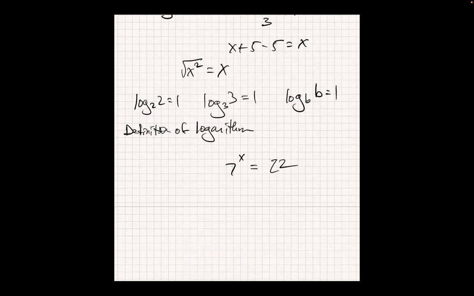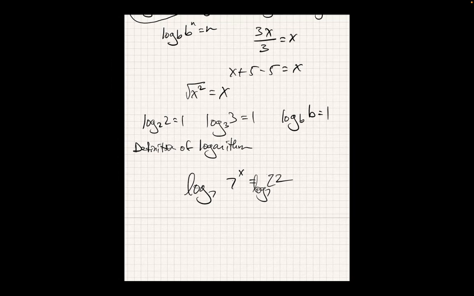If I want to solve for x, I want to take the log base 7 of both sides. And that leaves what on the left side? X. Yeah, this cancels. And then I just put it in my calculator, log base 7 of 22.